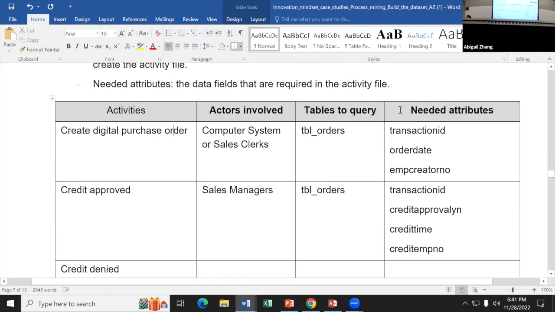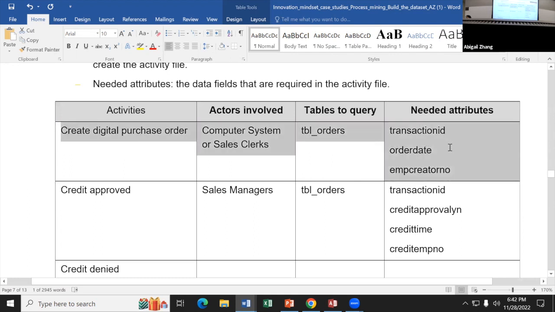And what attributes do we need to use to construct the event log, including the main attributes, the case ID, the timestamp, and also the activity, which is already included here. And additionally, we want to include the employee number associated with that activity.